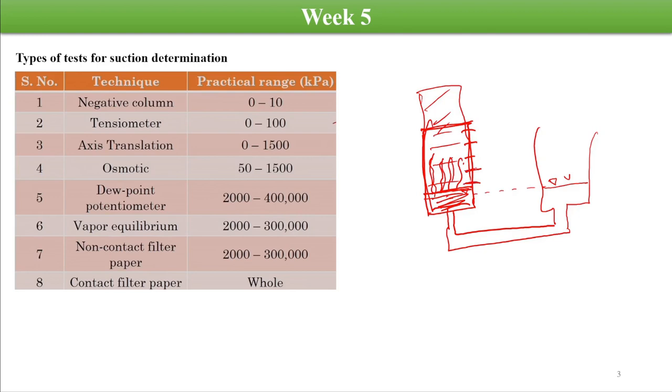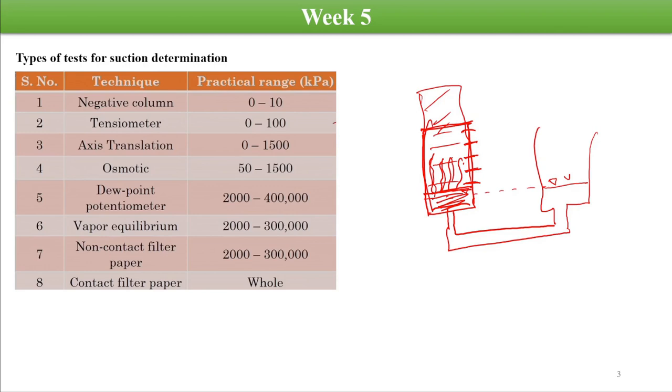We can measure the variation of soil moisture at different levels, and according to that we can measure the soil suction. These negative column techniques can be used to measure small suction values such as 0 to 10 kPa.